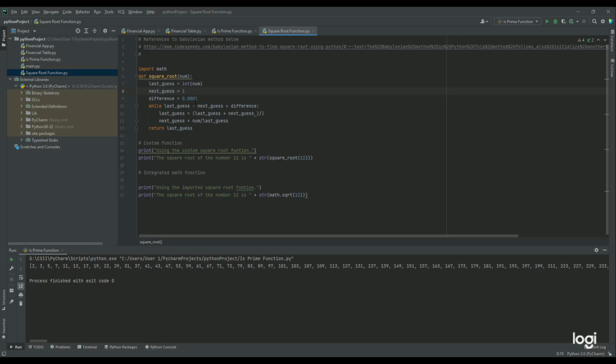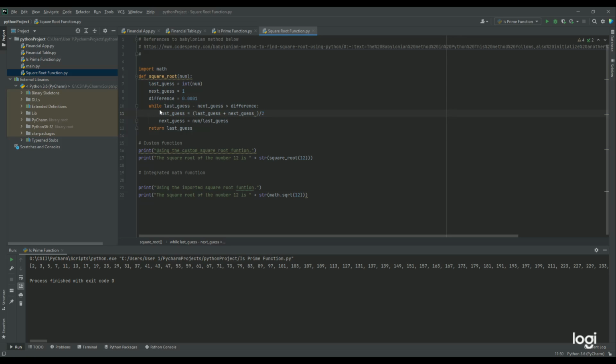And if it has a difference of this small number, 0.0001 or 1/10,000, then it will stick with whatever guess is there.